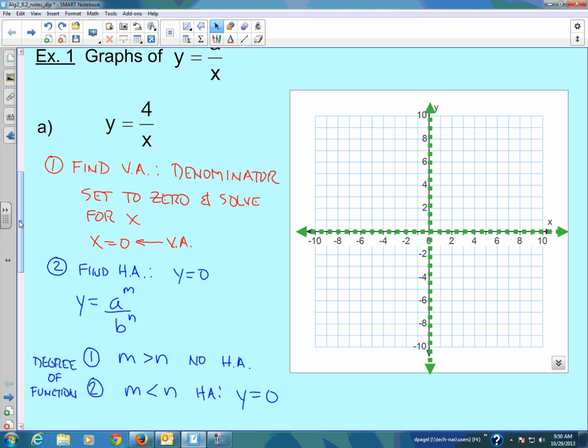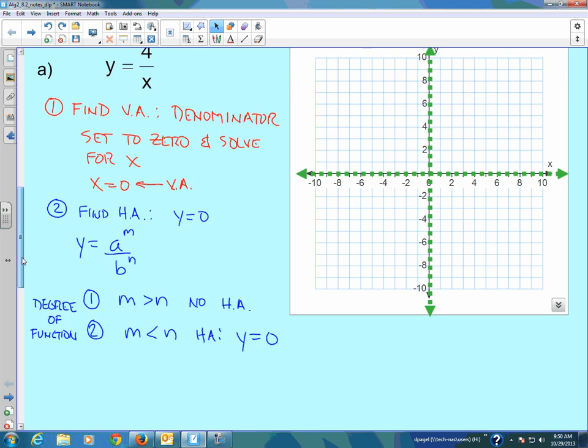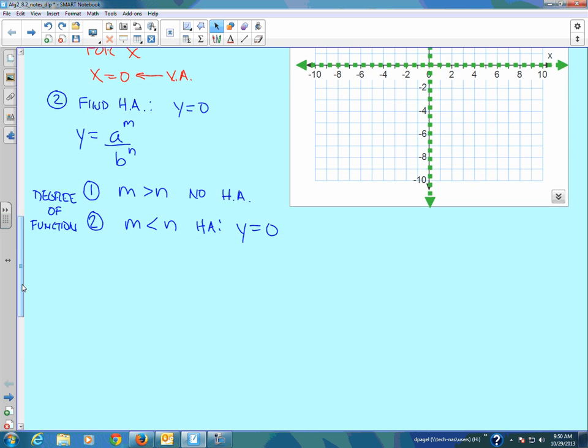Well, what if I put 10,000 or 1 million or 100 million? 4 over 100 million, we're going to get a decimal value, y equals 0.00000 something. And it seems as though our y values will continue to get closer and closer to 0, but actually never be 0. So there's the condition for when y equals 0 for a horizontal asymptote.